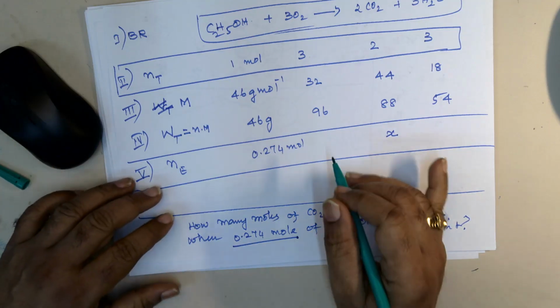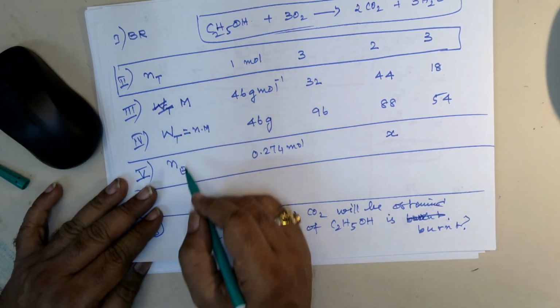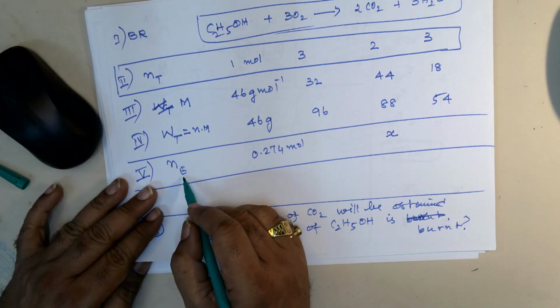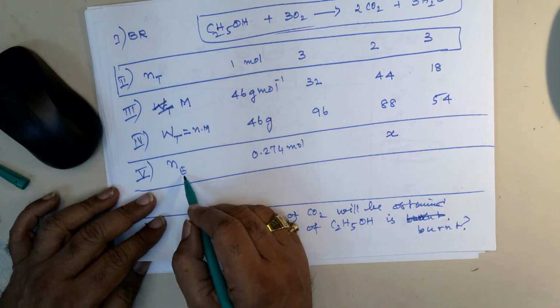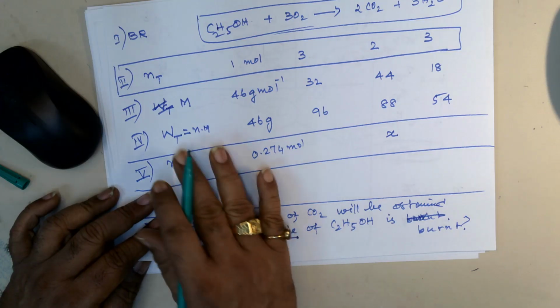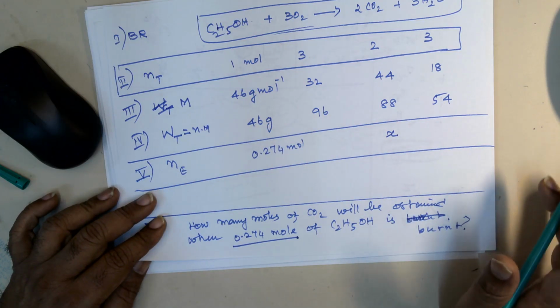Okay. So what you are supposed to do is very simple. You take the number of theoretical moles divided by the number of experimental moles, which will always be a constant. Do you understand?